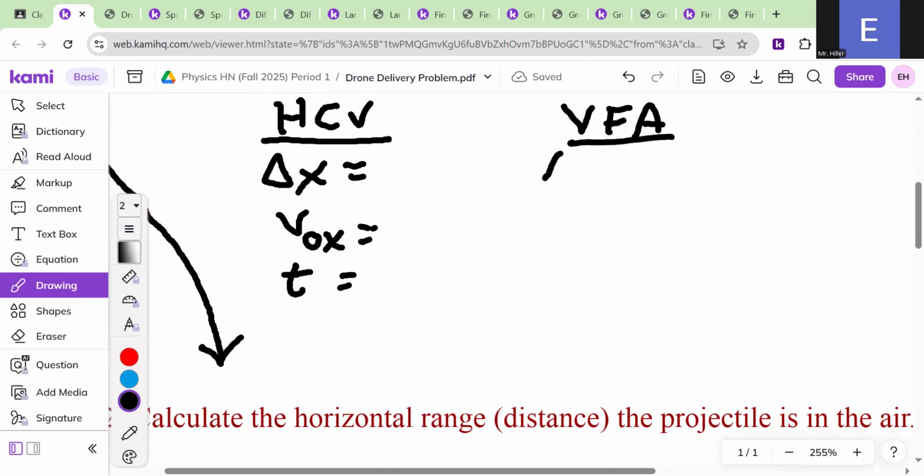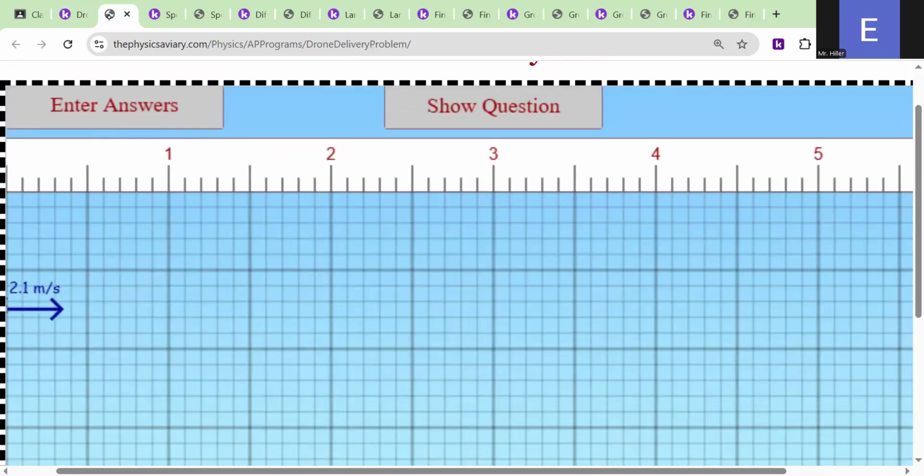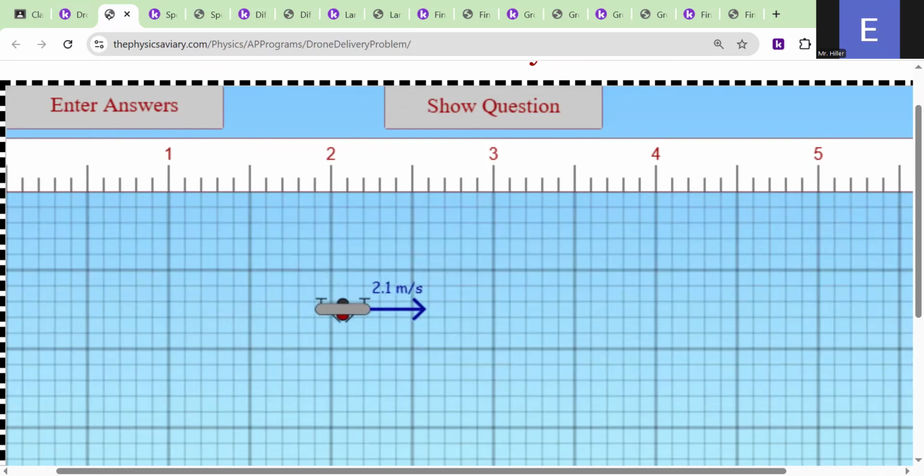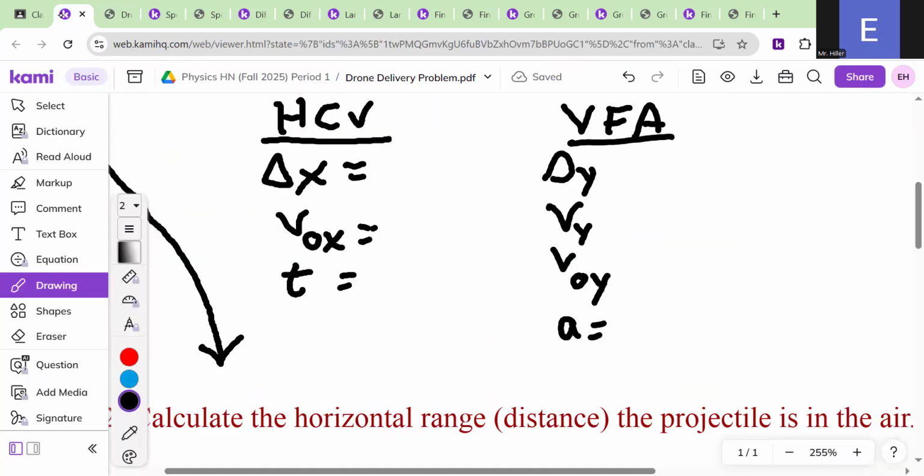Your vertical free fall list is, of course, delta y. Instead of v and v naught, you're going to write v sub y and v naught y. Then you're going to write your acceleration. In my case, the acceleration was negative 8.7, so go ahead and record yours. Negative 8.7 for mine. And time.